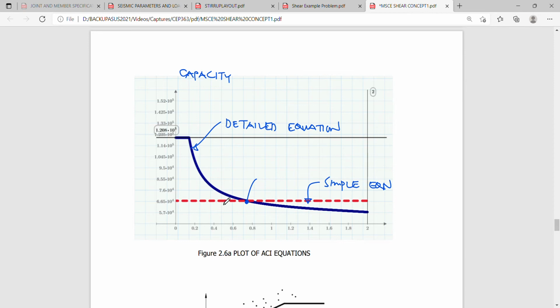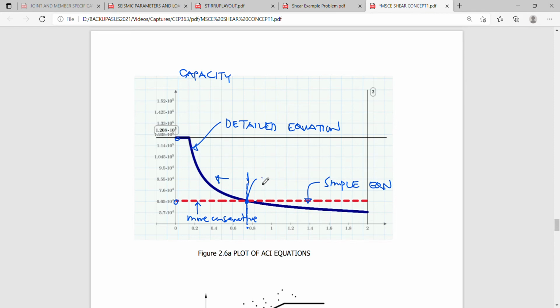But at the left side of this vertical line here, you are assured that your simple equation is more conservative than the detailed equation, because you are given a smaller capacity than in the detailed equation.